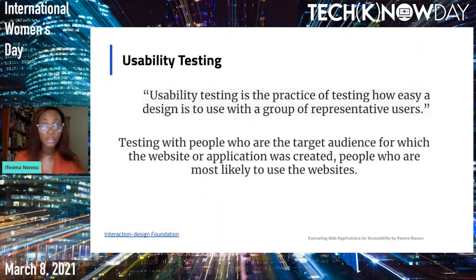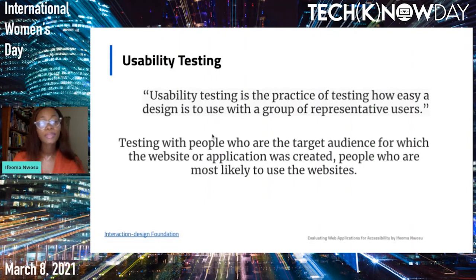If they have expectations, were those expectations met, in terms of accessibility? Are they new users or existing users of the website? If they are familiar with the website, how does that affect how they use it? And also watching their flow. That is what usability testing is about, basically.